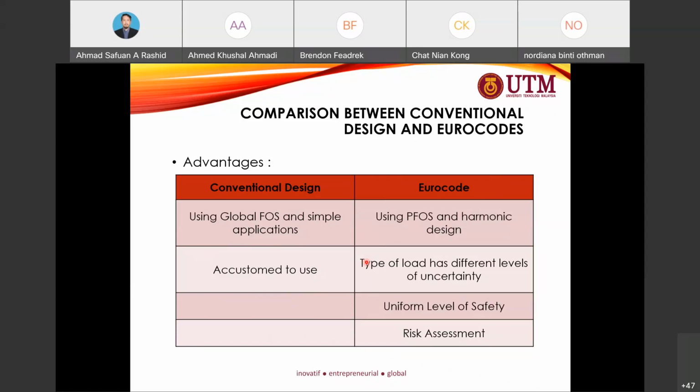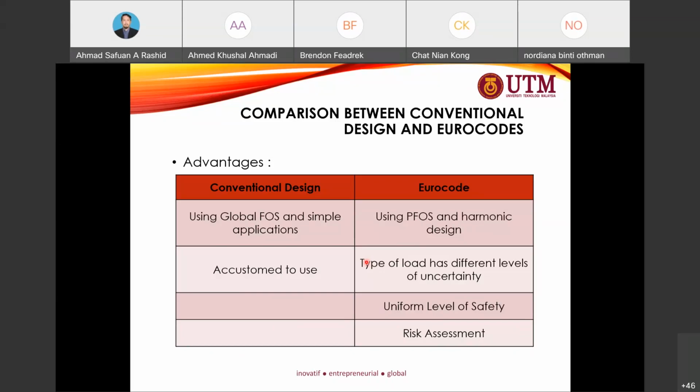We are familiar with this conventional design, because in our lectures at the university, we previously learned based on the conventional design.